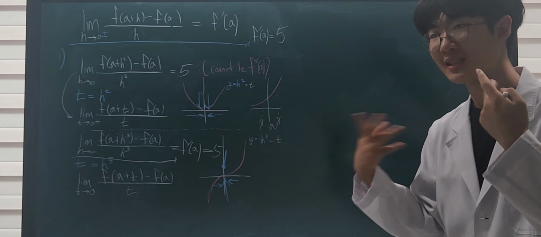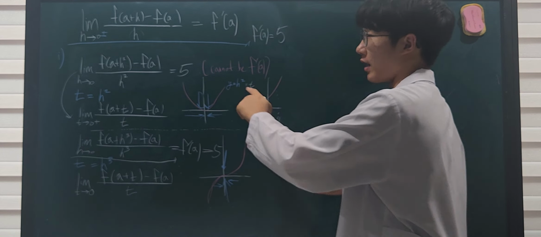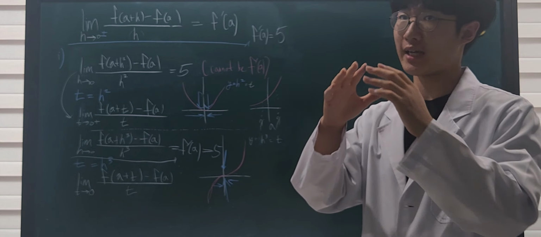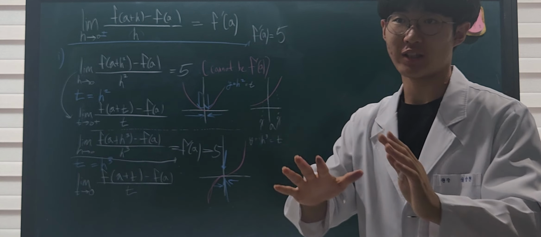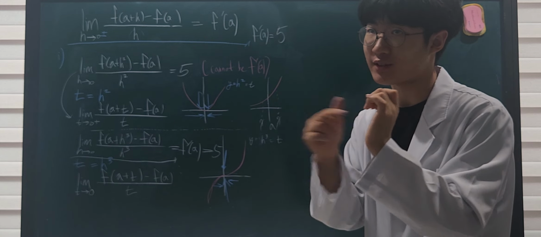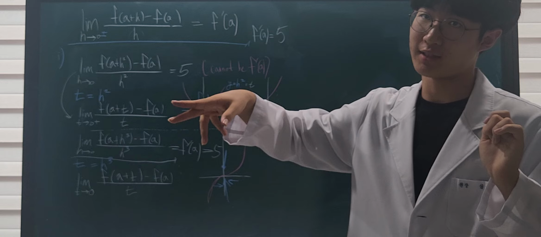But by thinking of this ideology that I talked about, that a number h with a power of an even number can only have a range that is the same or bigger than 0, it is only able to approach 0 from the positive side when h approaches 0 from both sides.